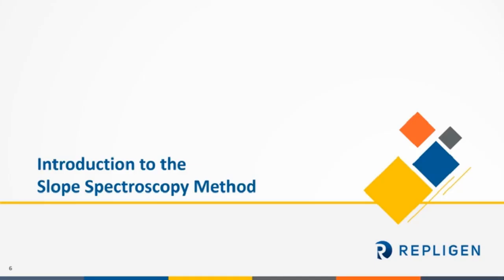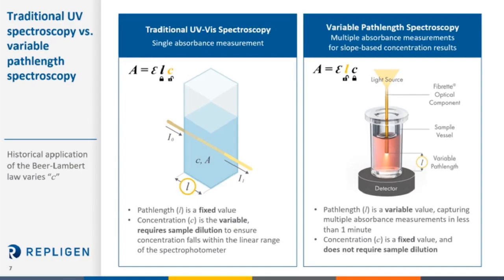Before we continue to case studies and examples, it's pertinent to give you an understanding of what slope spectroscopy is and why our form of UV is different from anything else in the marketplace. Traditional UV measurements require a fixed path length cell to be used for analysis. This means the concentration has to be the variable in our equation.